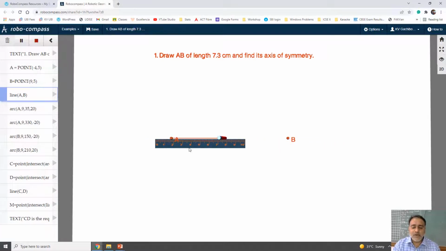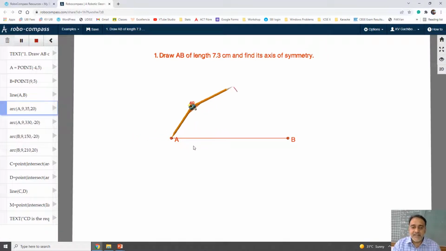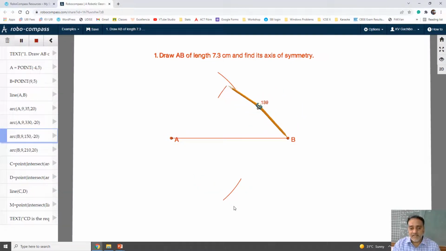ठीक है, ये एक approximate length है, but when you are going to draw on your paper, exact measurement लेना है. Now with center A, we are going to draw 2 arcs on both sides of radius more than half of AB. Now with same radius with center B, we are going to draw 2 arcs on both sides, right? Both will intersect at point C and D. ठीक है, यहाँ पर भी intersect हो रहा है.